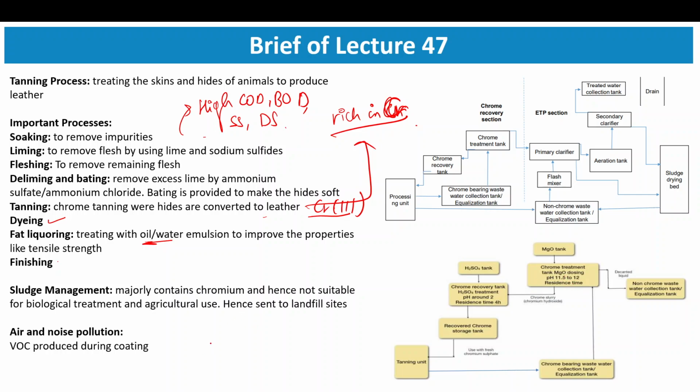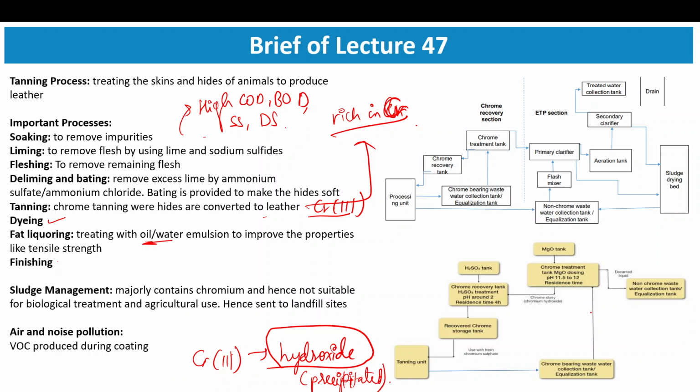In that pH range, you are converting chromium 3 into its hydroxide. Now these hydroxides are precipitated, so these are solid in nature. So precipitates of chromium hydroxide are formed.